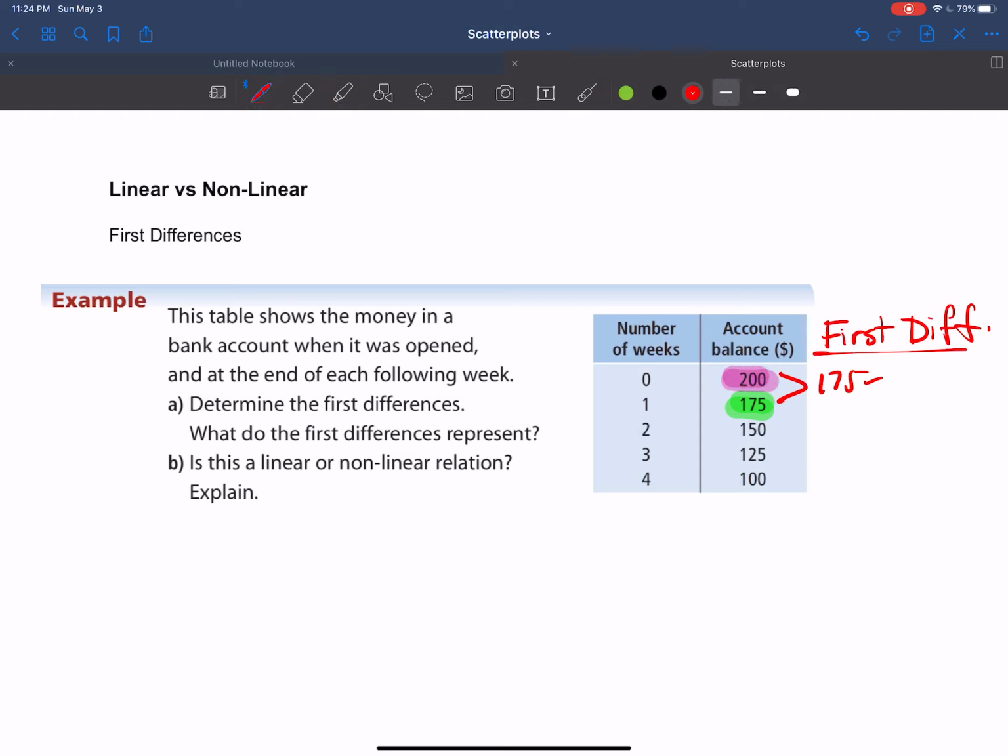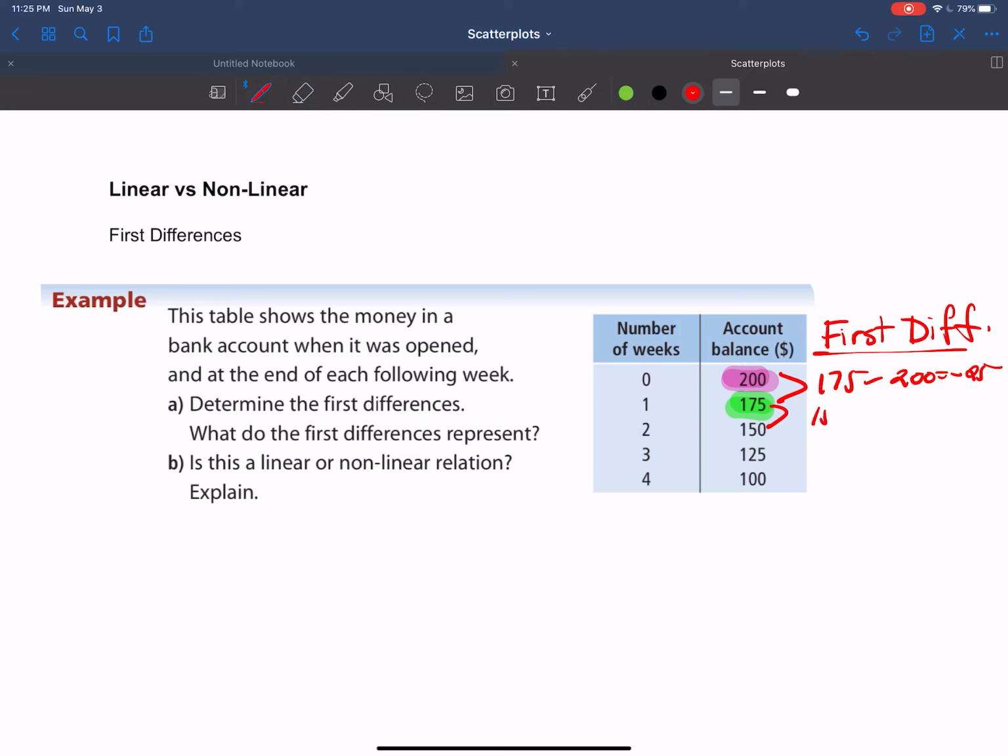So 175 minus 200 is negative 25. So it's negative, which is good. It doesn't matter if it's good or bad, but it's a fine answer because it's going down. If it was going up, then it'd be positive.